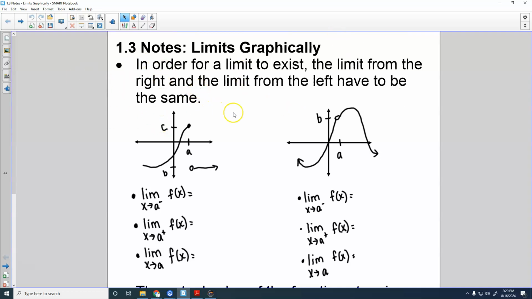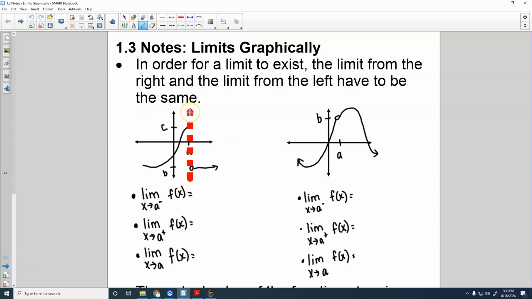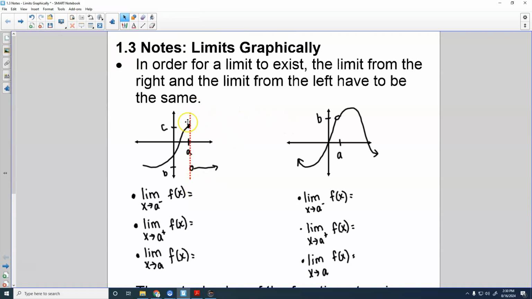Okay, so let's look at a couple examples here. I did these with letters instead of numbers because sometimes that throws kids off. So if I have the limit as x approaches a from the left of f of x, I am looking at, let's put a dotted line here, that line right there, a.